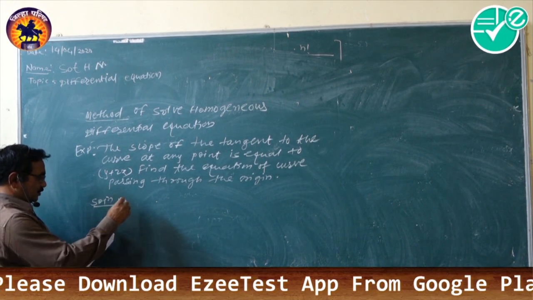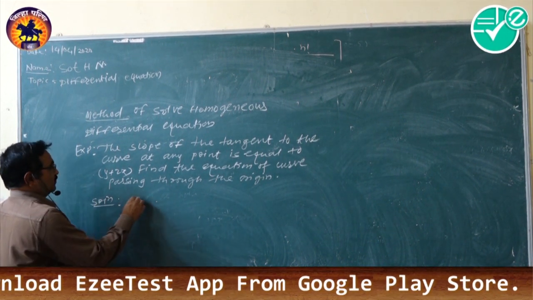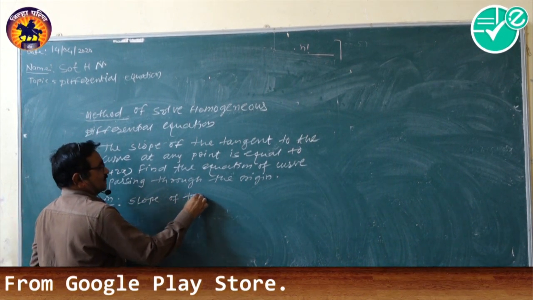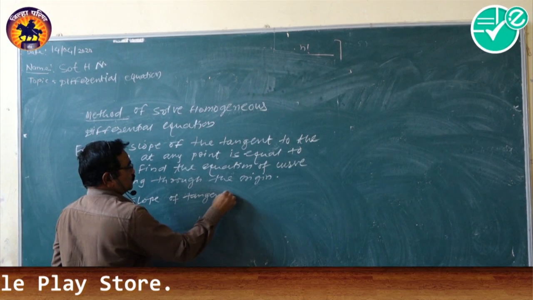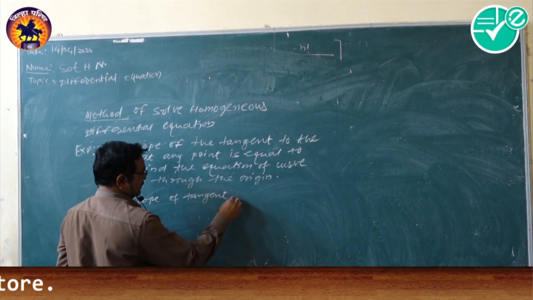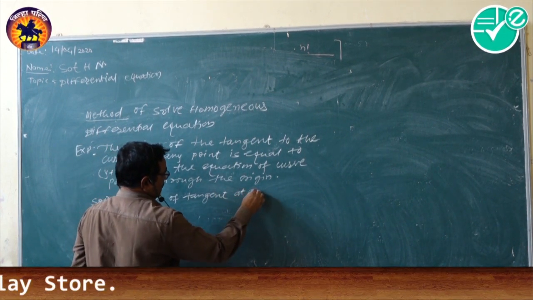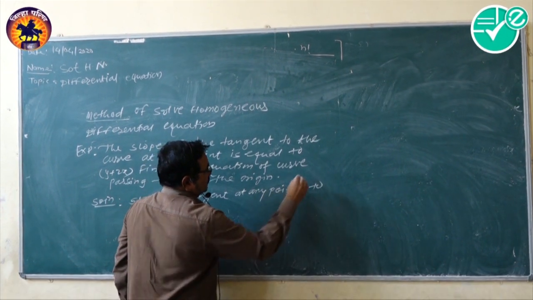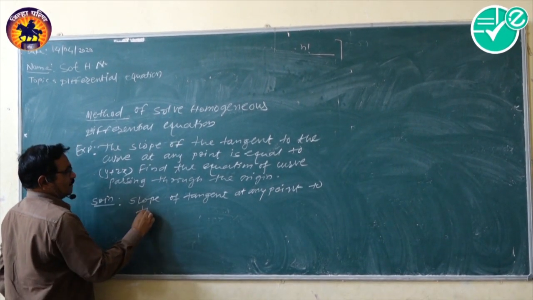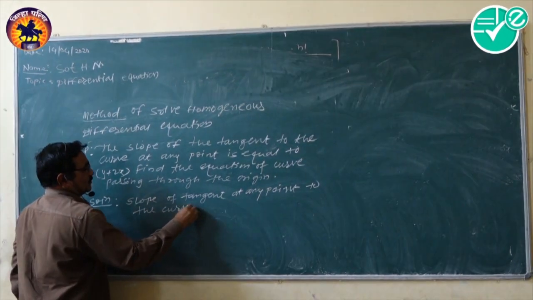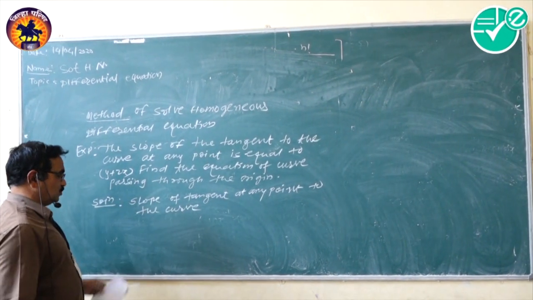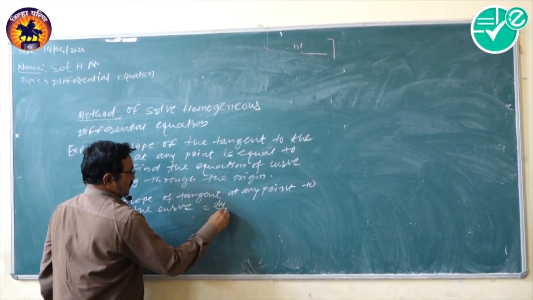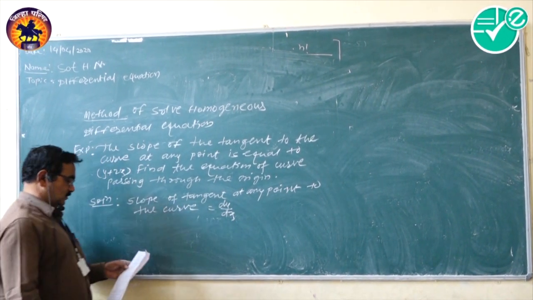Solution: slope of tangent at any point to the curve is equal to dy by dx.